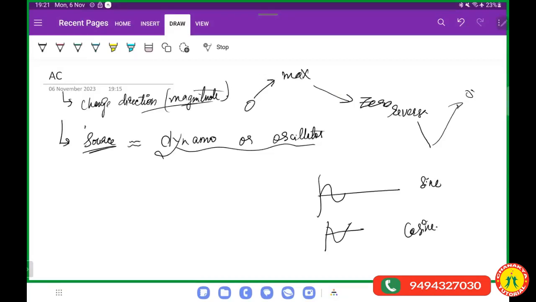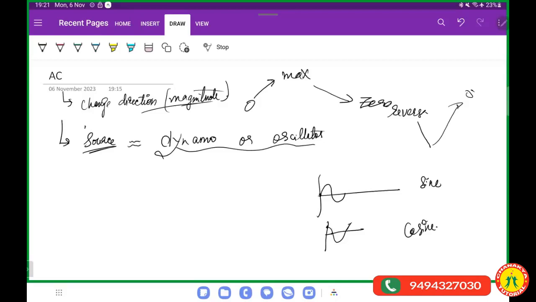Okay. So sine wave, what is the difference between those two? They both are opposite to each other. When sine 0 is 0, cos 0 is maximum.